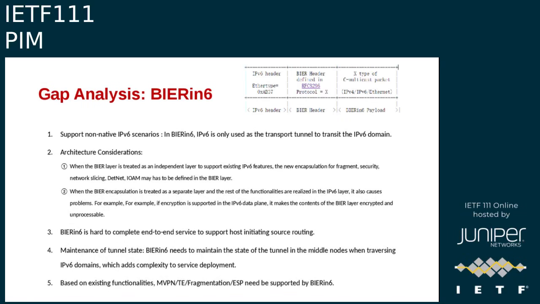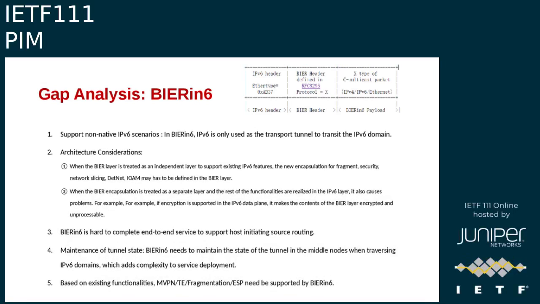The first one is that BIER is treated as an independent layer, so how to support the existing IPv6 features? These possible IPv6 features include fragmentation, security, network slicing, DetNet, etc. So this is whether to define new encapsulations in the BIER layer or not. That's the first one.